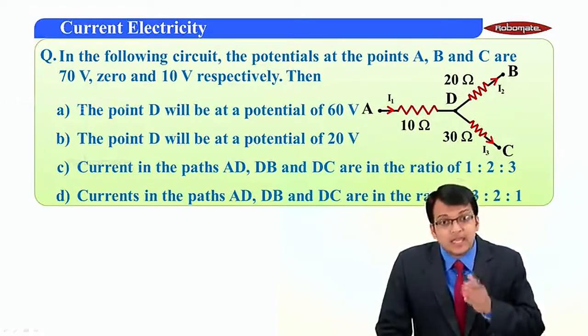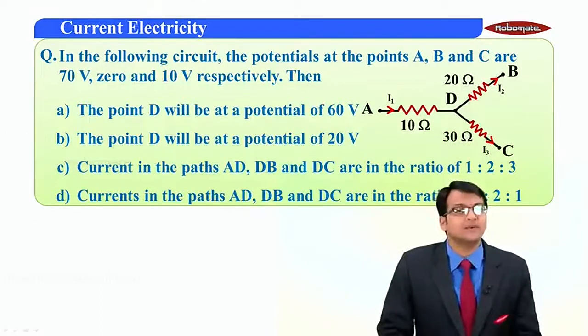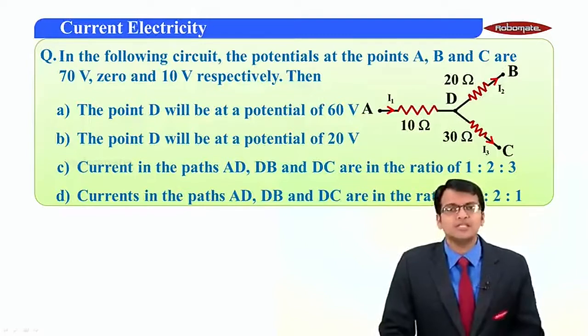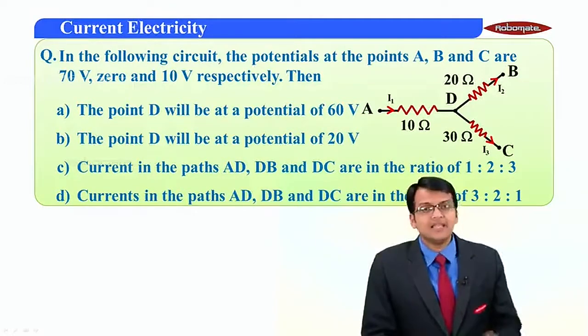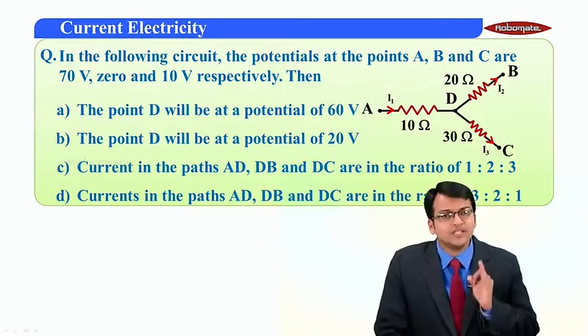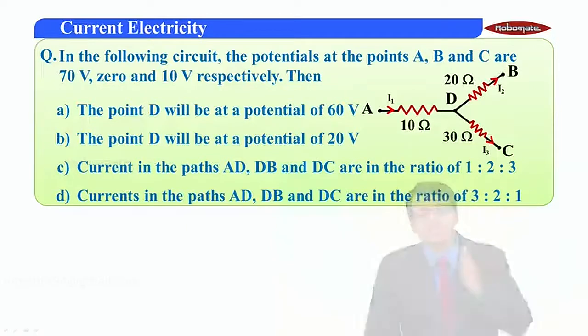Point D appears in two options, implies, dear students, that we are supposed to find the potential at point D. Option C states that currents in paths AD, DB and DC are in the ratio of 1:2:3, and in the last option the ratio is reversed, that is 3:2:1.